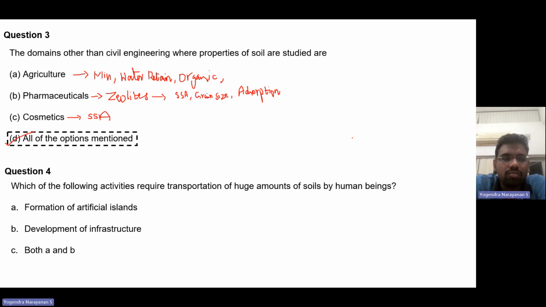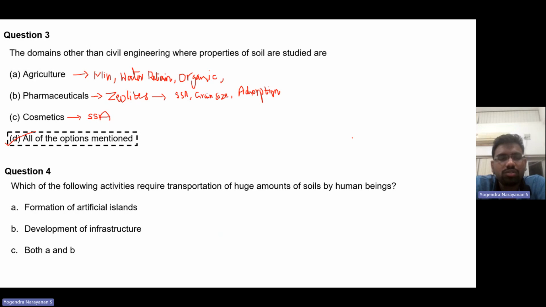And development of infrastructure. Coming to development of infrastructure, obviously formation of artificial islands is also development of infrastructure. But apart from that, we have the requirement for fine aggregates, which is a very common consumable in day-to-day life for the preparation of concrete.